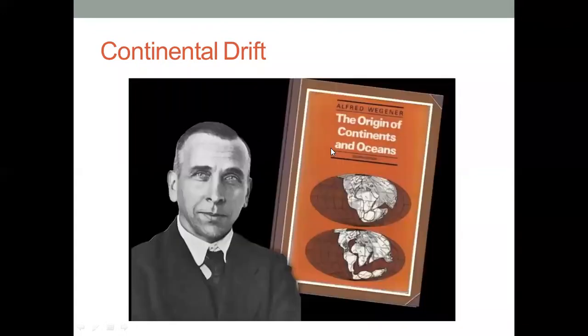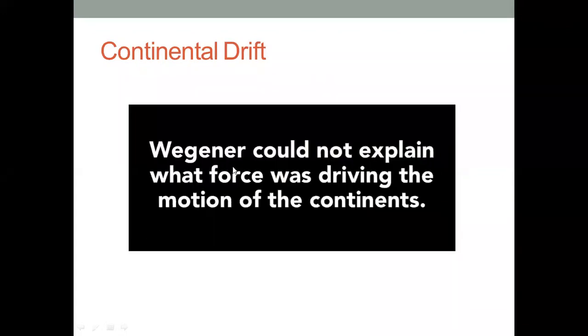He was able to explain the movement of the continents, but he was not able to explain what force was driving this movement of the continents. He was not able to explain such a theory.